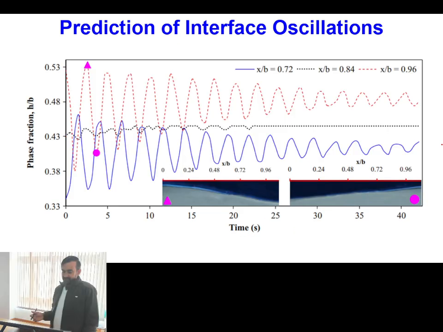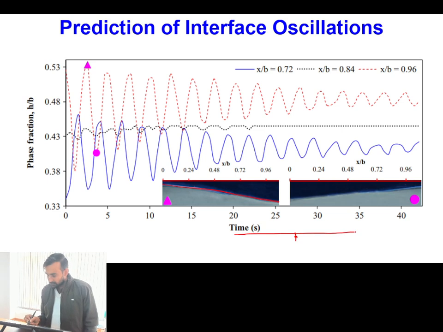And here you can see one example. This red colored triangle is for the sensor which is mounted at a distance, so this is your x.